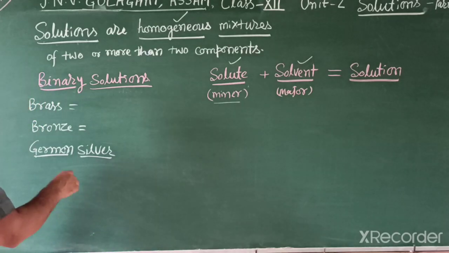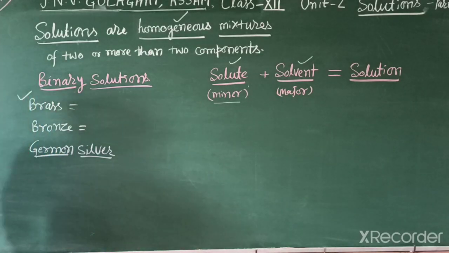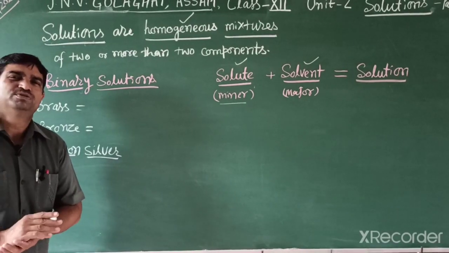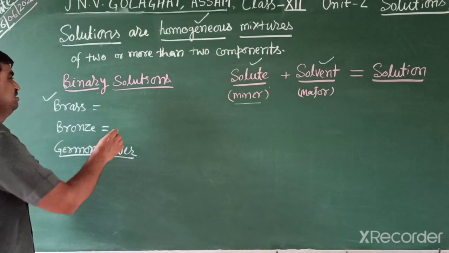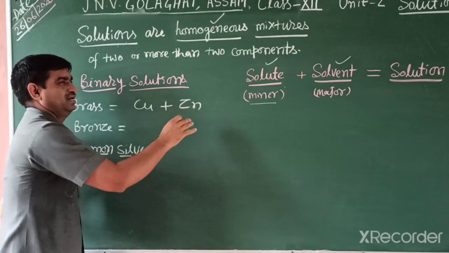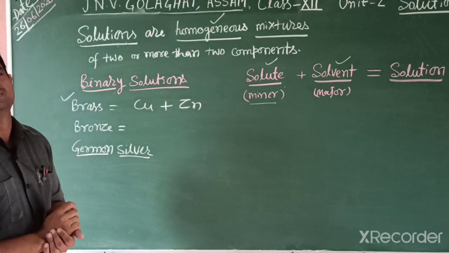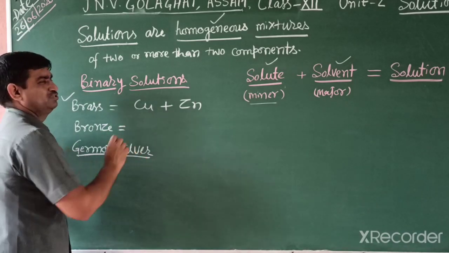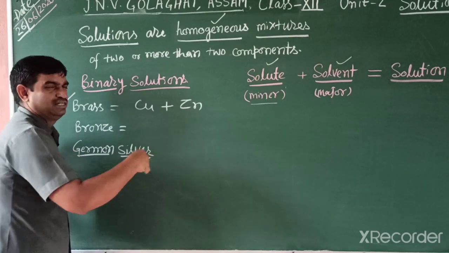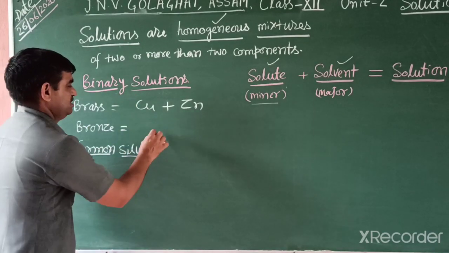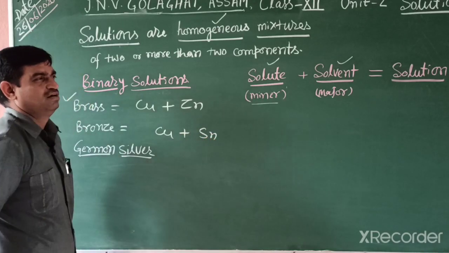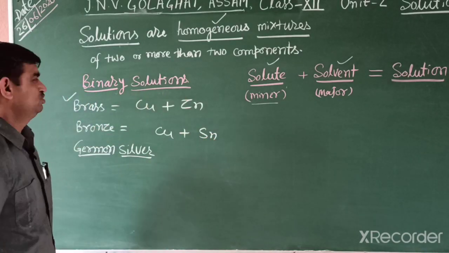You know brass is also a solution. What is the composition of brass? Brass is made of copper and zinc. These two metals have a definite, equal composition throughout, but it is found in the solid state. Bronze, you know, is the bronze medal, and it is made of copper and tin. We can also write their approximate composition.